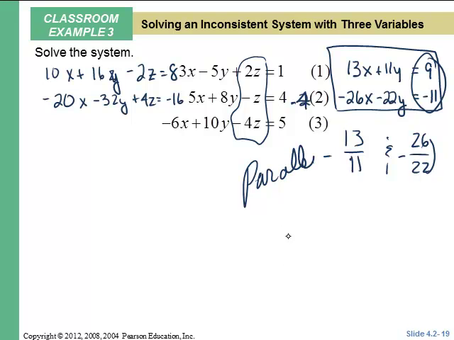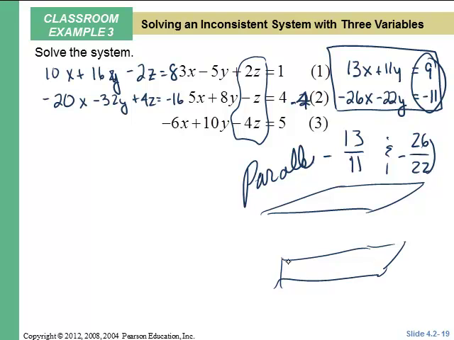And so this would be one of those cases where two of the equations are parallel. And so the third one, if it does cut across them, is only going to result in two lines that don't intersect. And so we would say these are an inconsistent system.